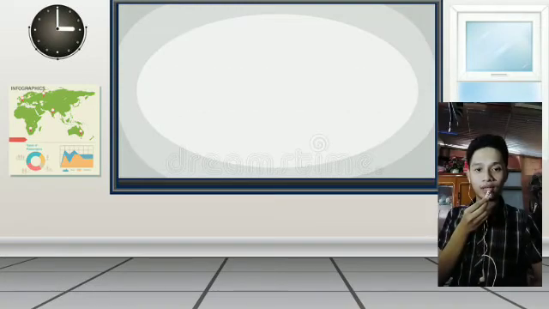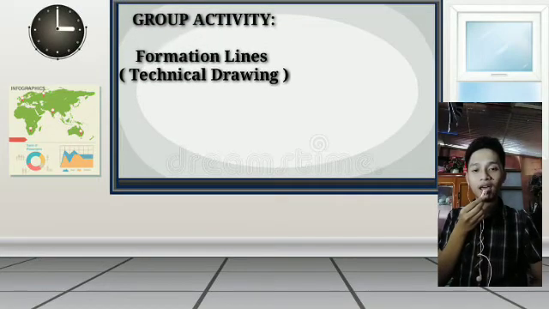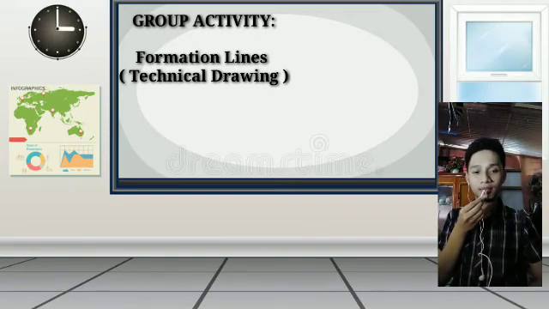Okay, so of course, after our discussion, we will have a group activity. So what will be our group activity? Our group activity will be divided into three groups of students. The group activity is entitled Formation Lines.